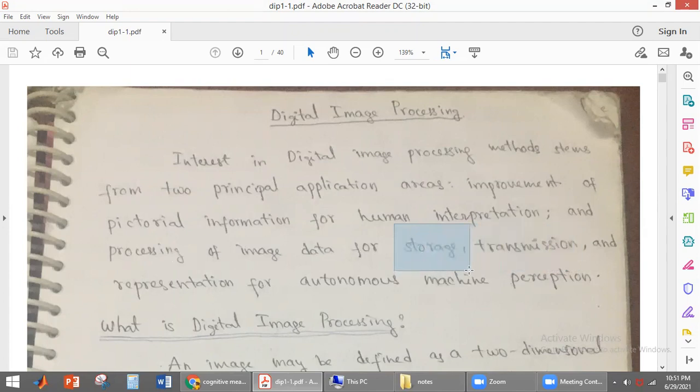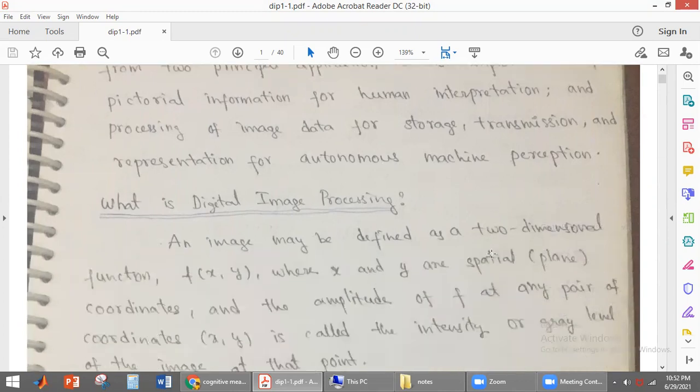When storing image data, it should take fewer bytes, so the storage requirement should be reduced and transmission should be taken care of. These images should be represented properly so that autonomous machines can act properly by understanding the images. These are the two application areas due to which image processing was introduced.